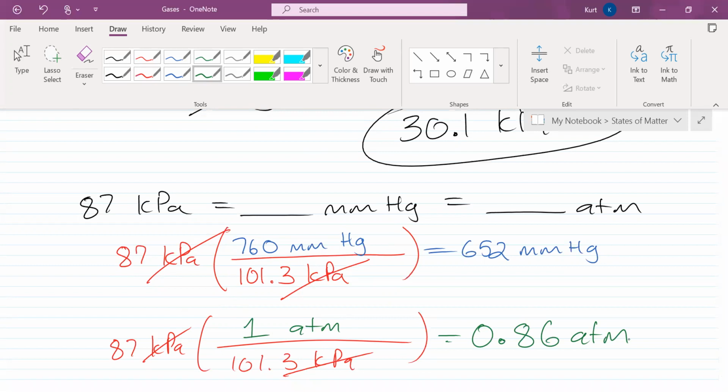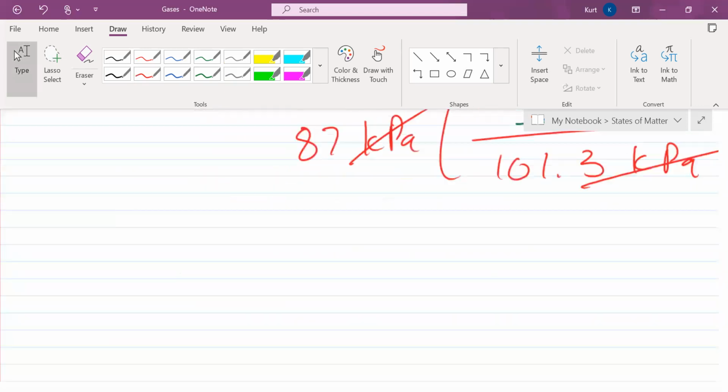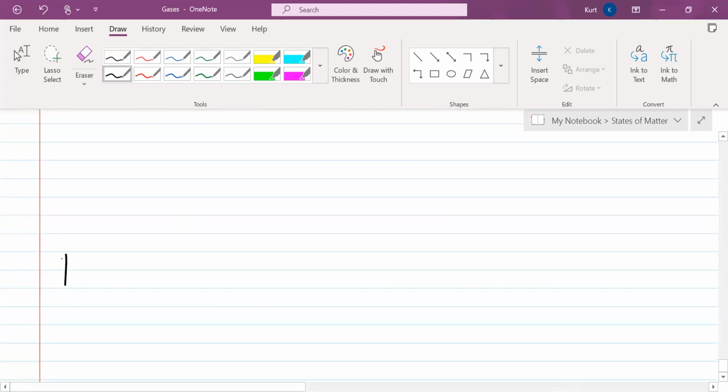So that's just basic conversion, one-step conversions. You guys get those two problems? Any trouble? Okay.